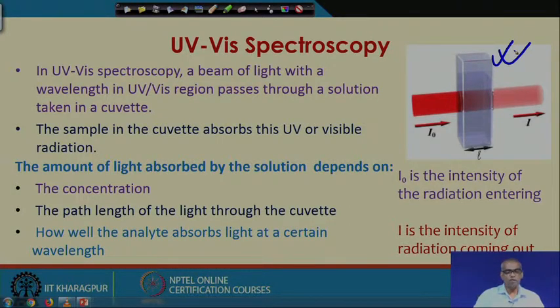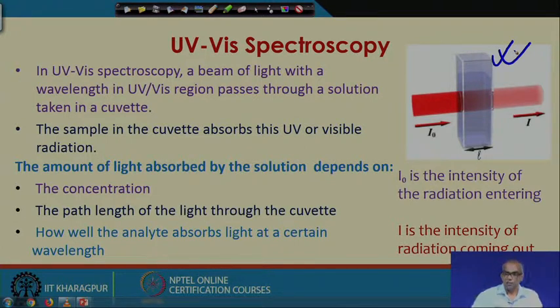So, in the cuvette you take the sample which you are going to study. The sample is taken in a clear transparent solvent. Then a beam of light with a wavelength in the UV visible region is passed through it.